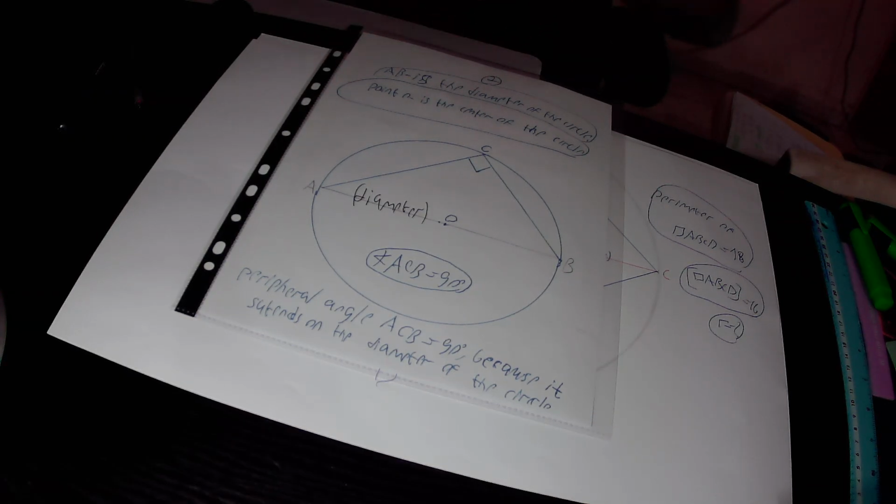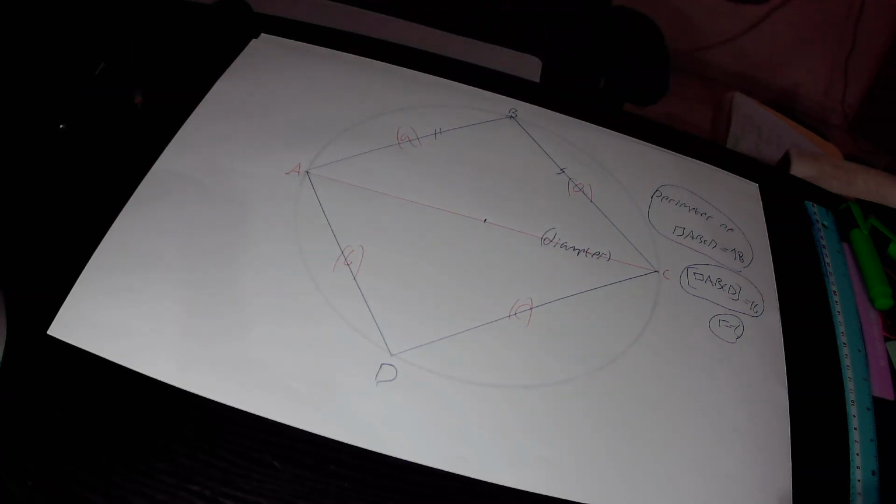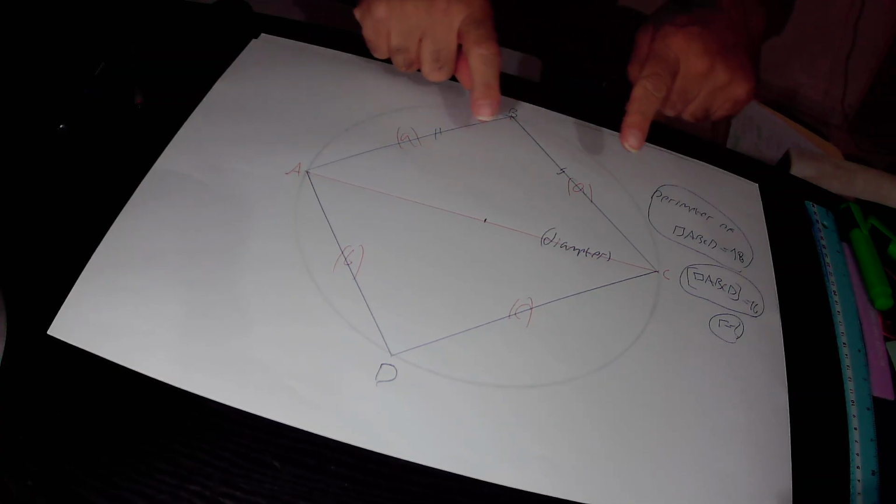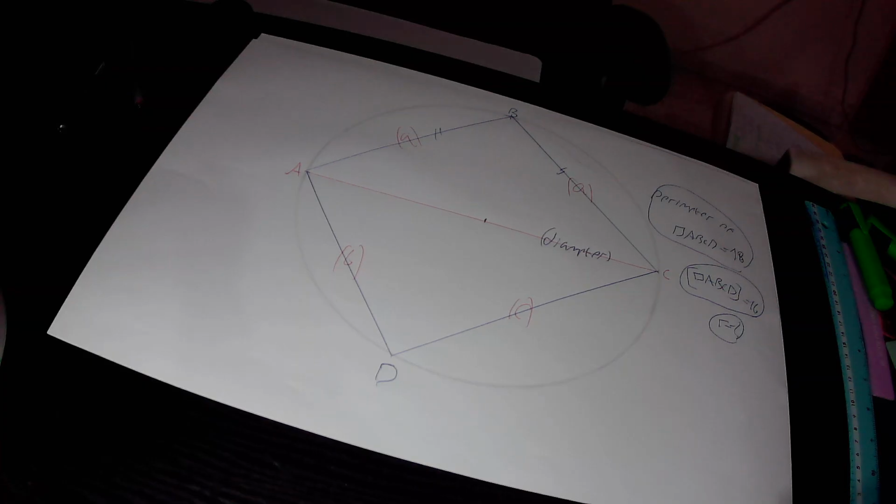So according to this rule 7, any peripheral angle that is equal to 90 degrees in size must subtend the diameter of the circle. So in the drawing, we have peripheral angle ABC that subtends chord AC, that is the diameter of the circle, and therefore peripheral angle ABC must be equal to 90 degrees according to rule 7.